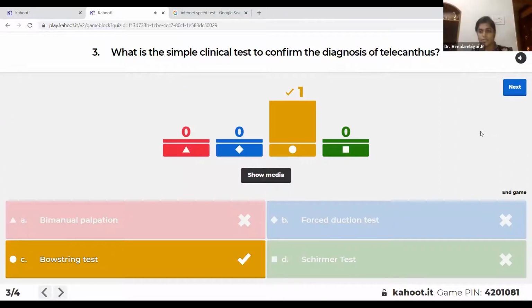Yes, it's a bowstring test. So how do you do the bowstring test? You have to place one finger on the medial canthal area, and the other finger is used to pull the lateral canthal region, and you can feel the tautness of the medial canthal tendon. If it is not there, then you can confirm that there is a medial canthal avulsion. Okay. 4th question, please.